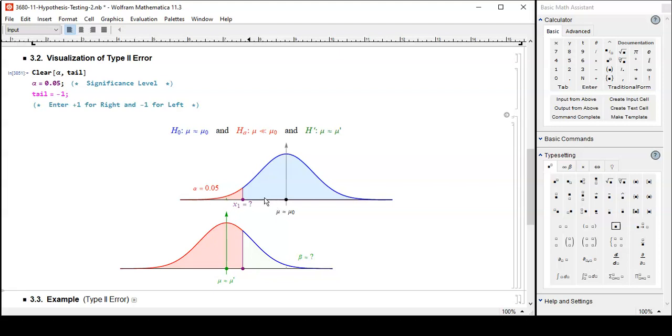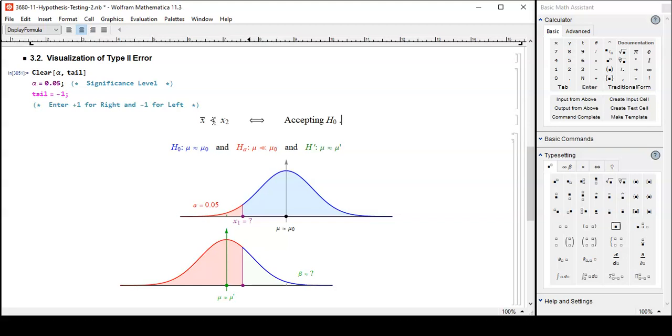Greater than x1, critical point, then close to null, so we go with null. So we can conclude like this. Okay, all right. x bar is greater than x1, then we are accepting H0.